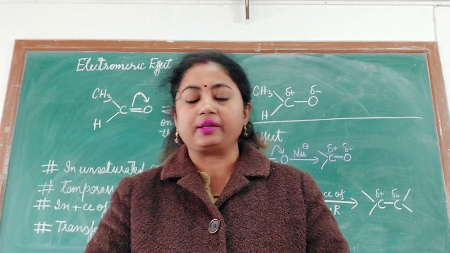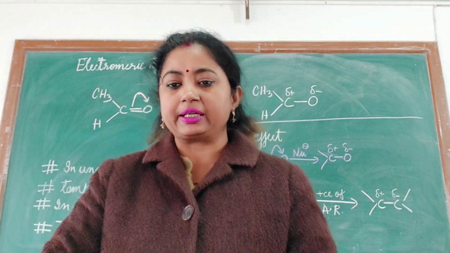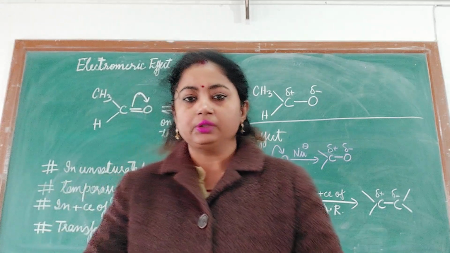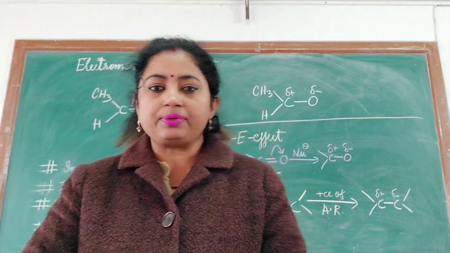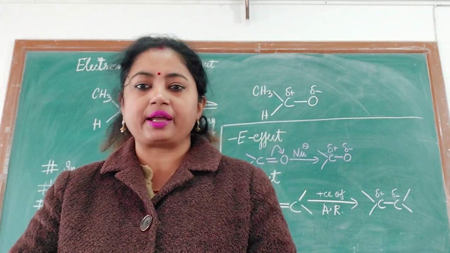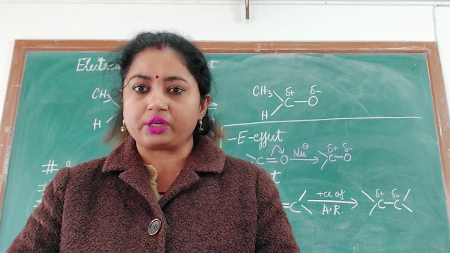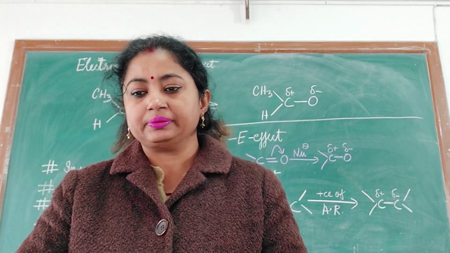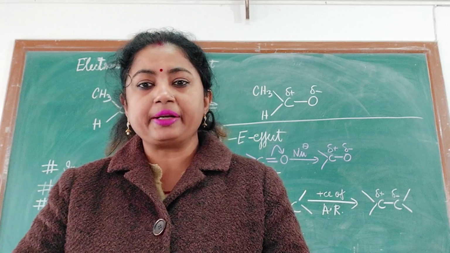So you better write the definition of the electromeric effect. I am dictating. It will also be of two types, plus E effect and minus E effect. First write what the electromeric effect is.